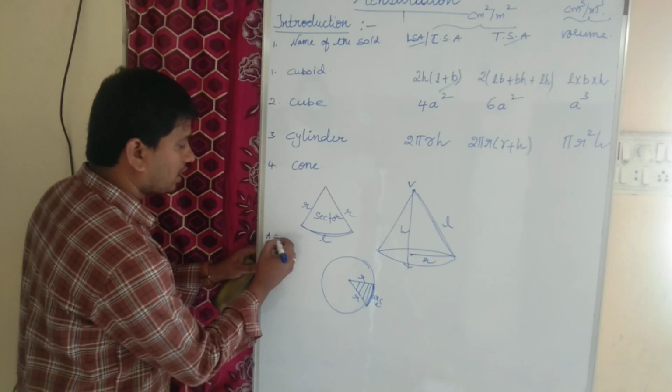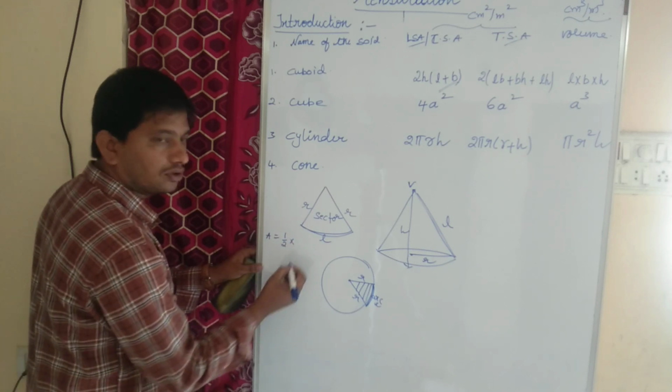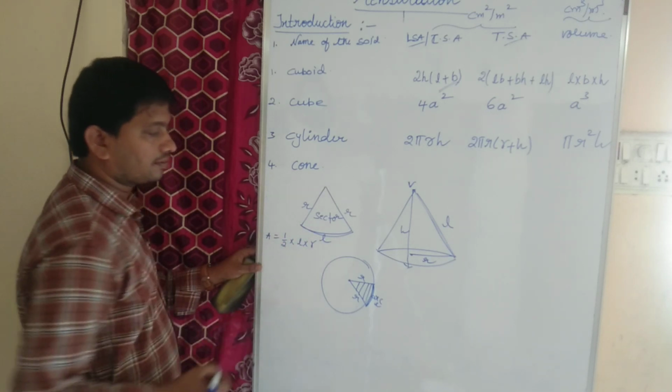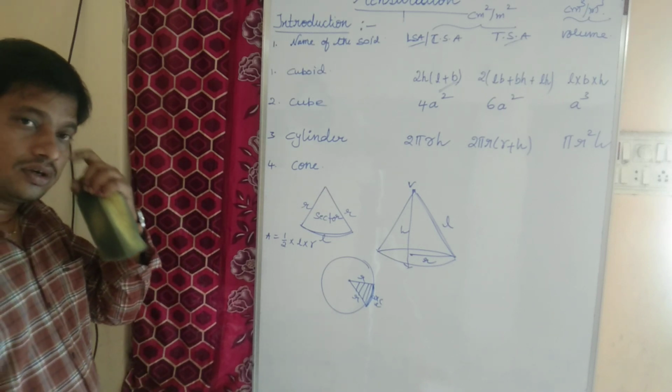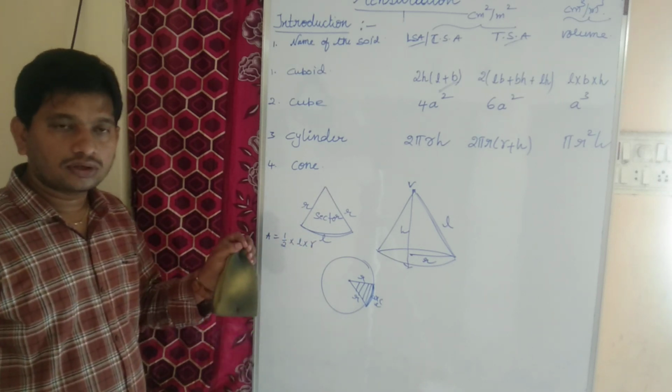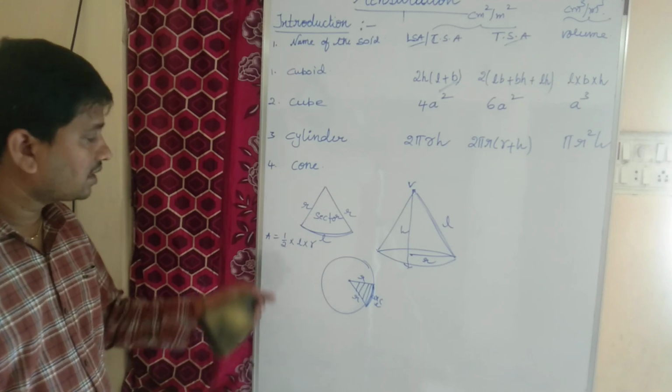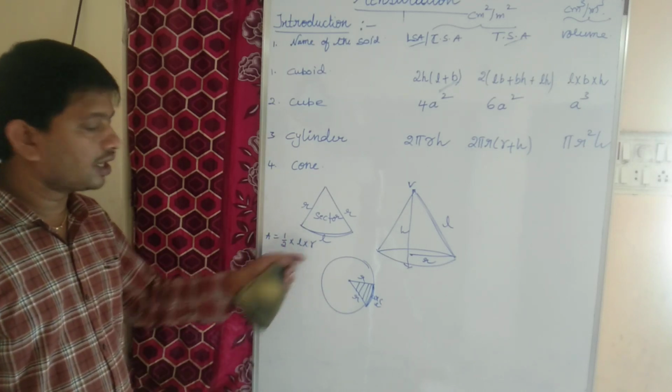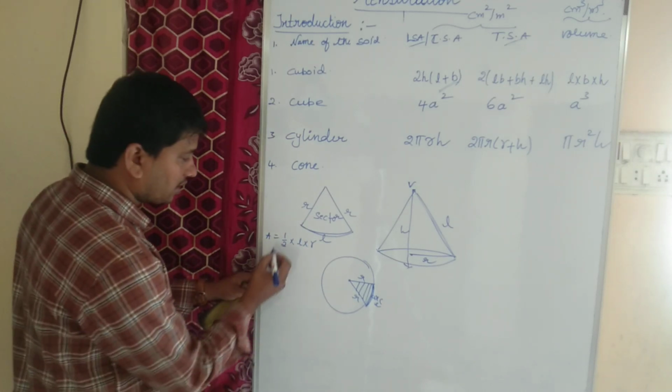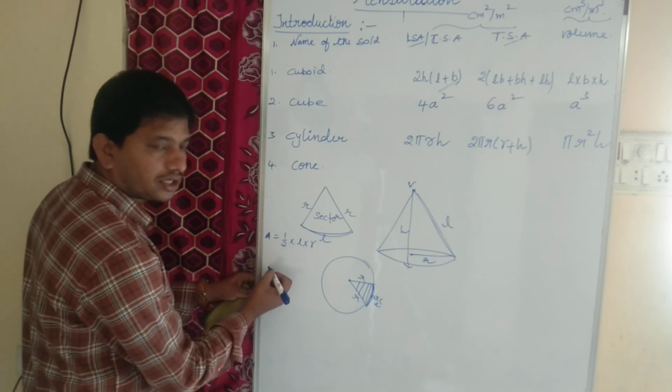If we know the length of the arc, area of sector is half into L into R. Children, the formula to find the area of sector is A equal to half into L into R. Are you understanding? This is the formula to find area of sector.